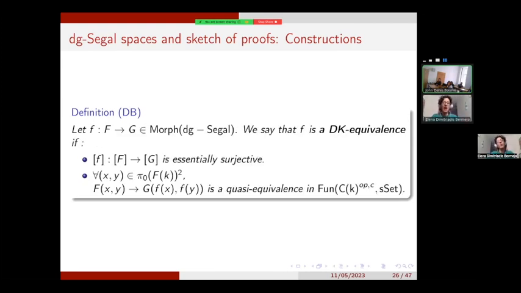So now we have all we need to define a DK equivalence. We say that F is a DK equivalence if the induced map on the homotopy category is essentially surjective, and for every 2 objects, the induced map on the DG mapping spaces is a quasi-equivalence. By the way, this should be just the cochain complex. I forgot to change that. Okay.